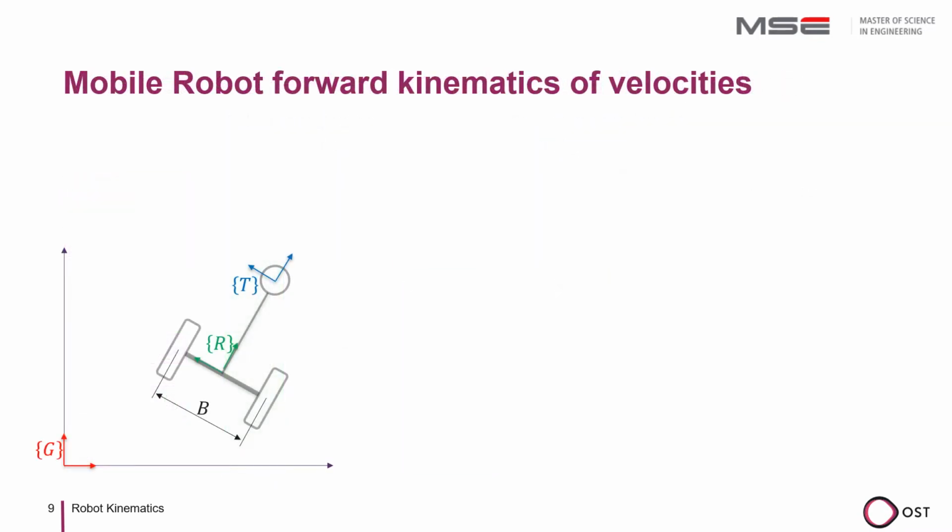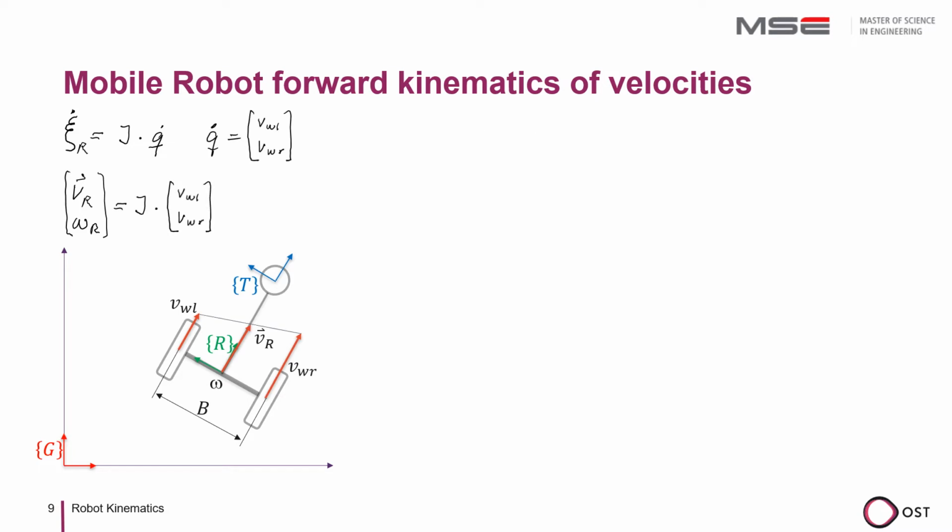Let us derive the necessary transformations for our mobile robot, and let's start with the forward kinematics of velocities. Psi here represents the position in space and psi dot the velocity. Psi dot is equal to the Jacobian matrix times q dot and is composed of the velocity vector v and omega z. Q dot are the velocities of the left and the right wheels.